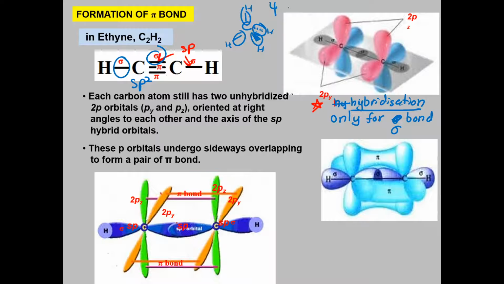Kalau 4, it is sp3. Alright, sebab kita guna 3 daripada p and 1 dari s. Okay, that's it. Kalau macam hydrogen ni, ada ke di hybridization? Because it's only need one bond, so it's only s bond.